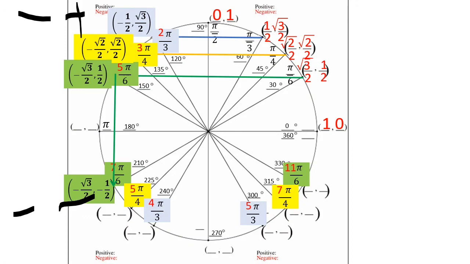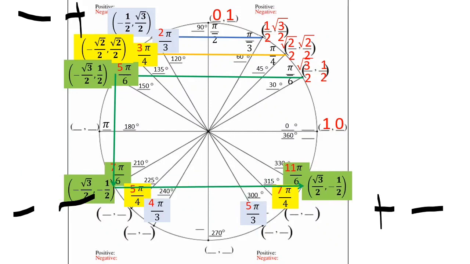You'll notice that they're the same in value, only now it's negative. And if we go across, we are now positive because we are to the right of the y-axis. The x coordinate is now positive, but we are still below the x-axis, so the y coordinate is going to be negative. So we have root 3 over 2 and negative 1/2.